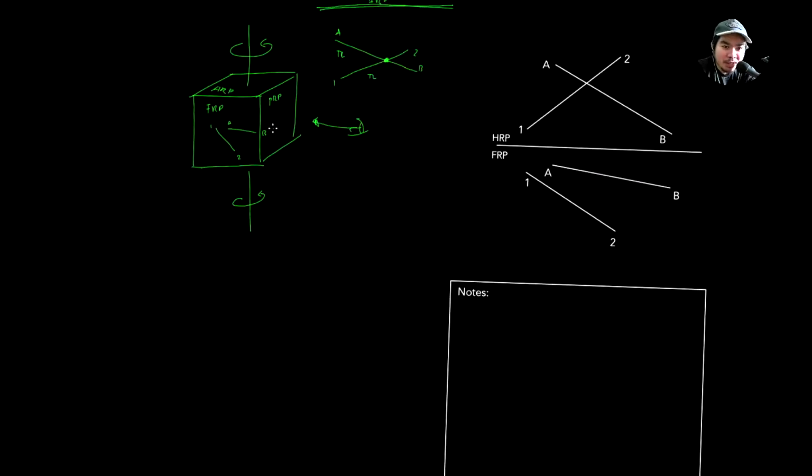Parang iniikot natin itong glass box na to along this axis such that lalabas tong AB and 1, 2 simultaneously as a true length. And pag lumabas siya simultaneously as a true length, yung point view na yon is the point view of the SHD na tinatawag, the shortest horizontal distance. Okay? So, ganun yung goal natin.